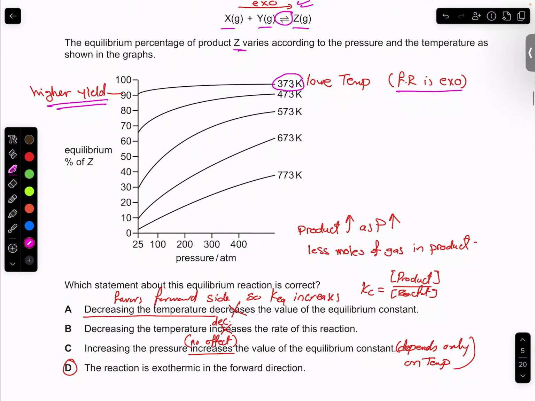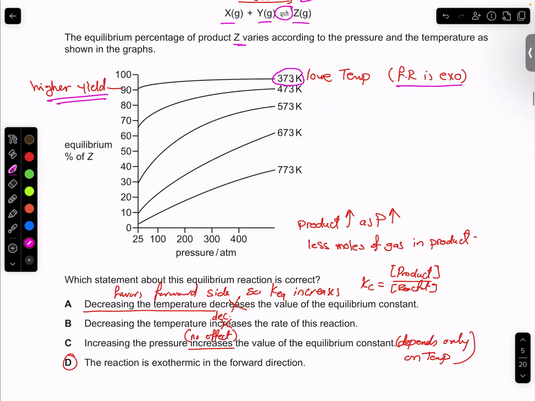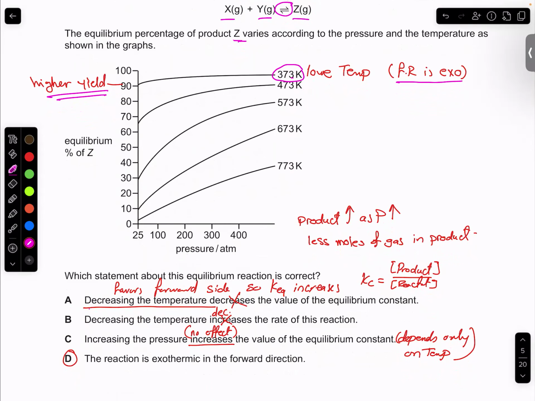Right. So choice number 1, decreasing the temperature decreases the value of the constant. Of course not. Why? Because since the reaction is exothermic, if you decrease the temperature, the reaction shifts forward, so the product will increase. You know that Kc, the equilibrium constant, equals the product over reactant.